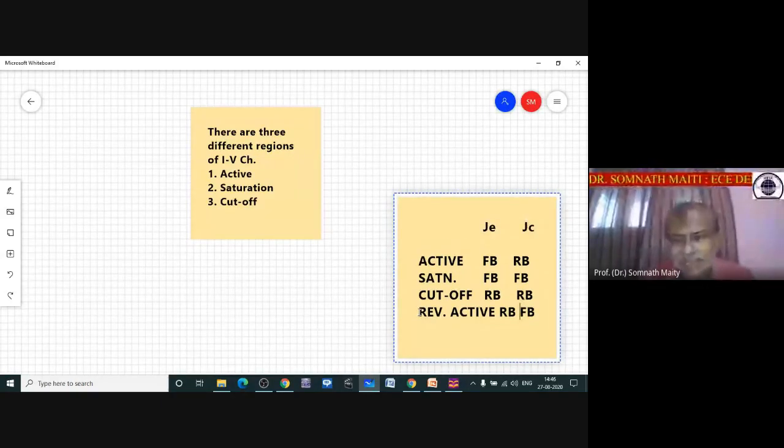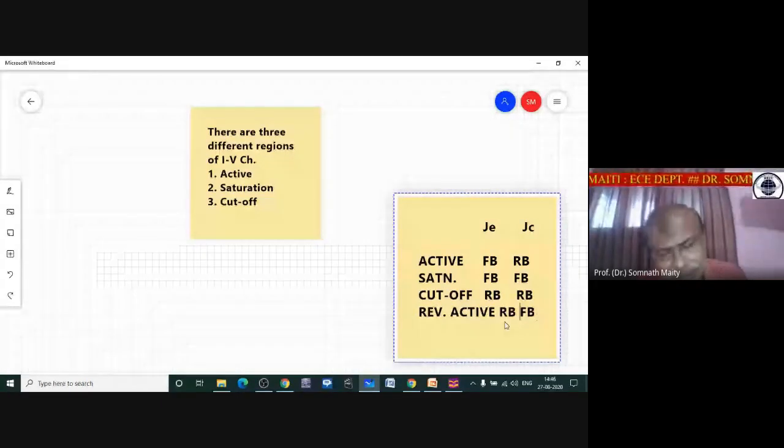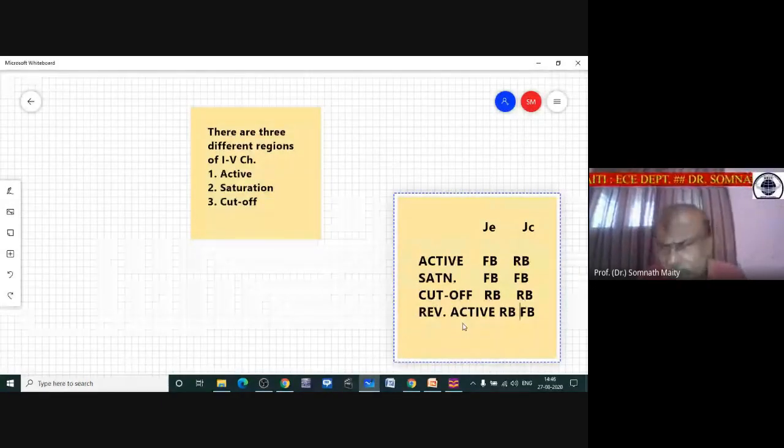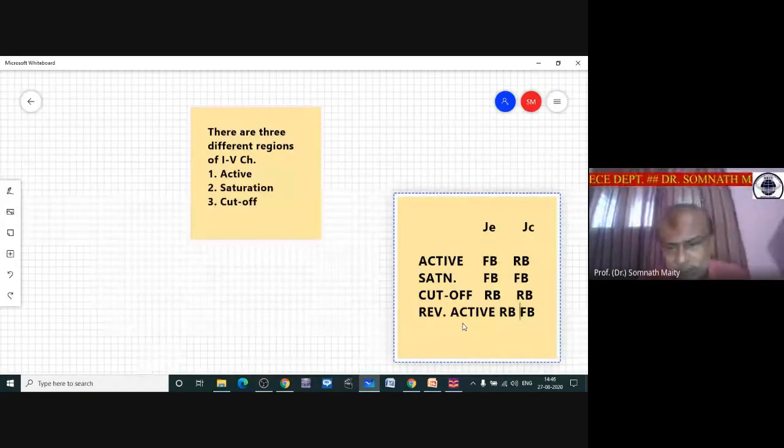So this active, sometimes called forward active, the transistor is actually operated in 3 different regions. In the reverse active region, the transistor is not operated normally. It has some special application. With this, let's come back.